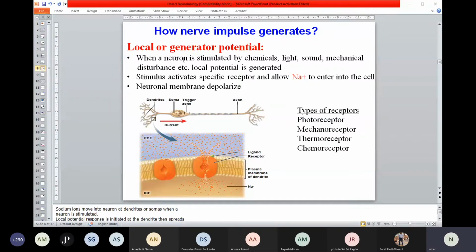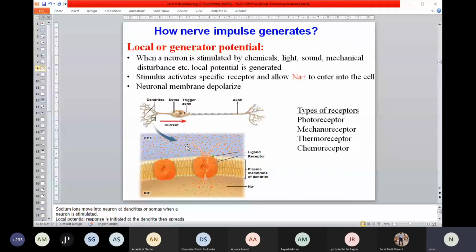When light hits your eyes, your retina has specific photoreceptor cells called rods and cones. Those cells get activated by photons, meaning a specific type of receptor is activated and allows sodium ions to go in.